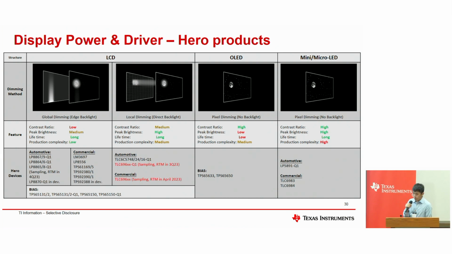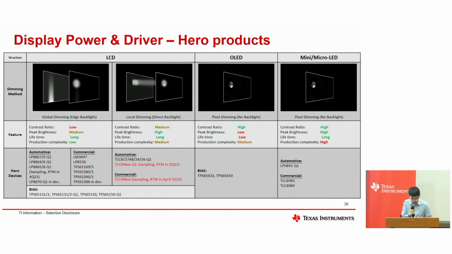For the traditional one, global dimming, the first picture, the edge backlit, you can see it is widely implemented on laptops and TVs, especially those laptops that have a thin black layer on the top. There is a very thin PCB under those black layers that basically does the LED backlighting.